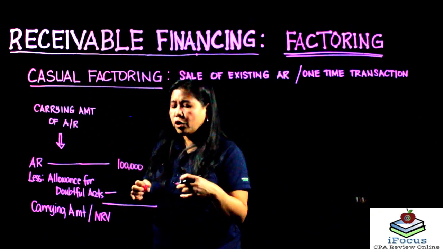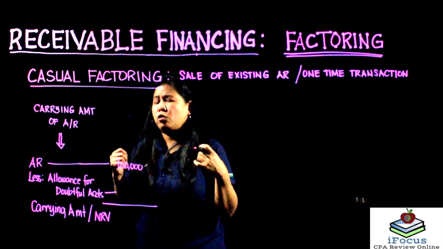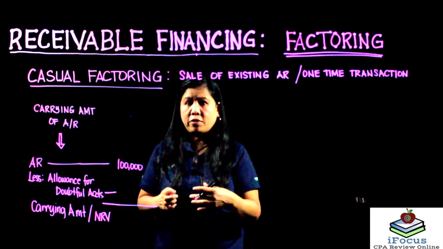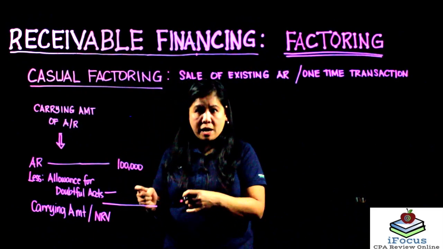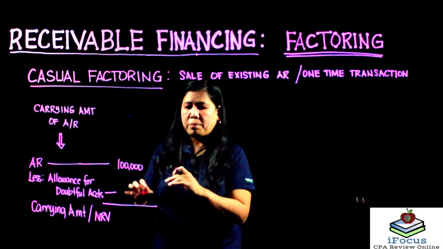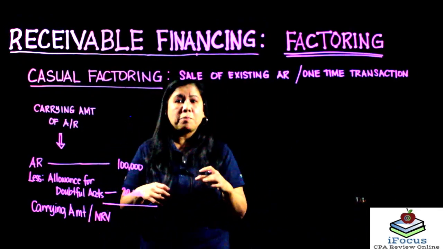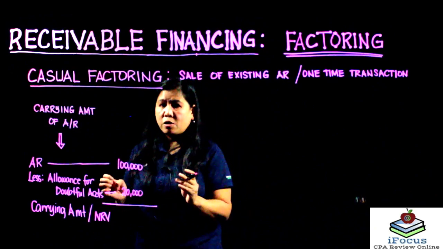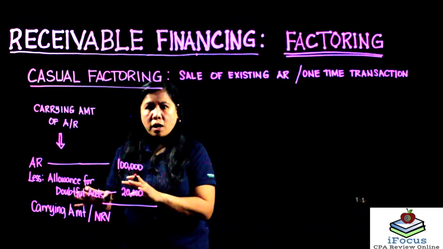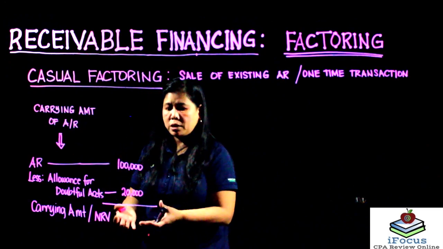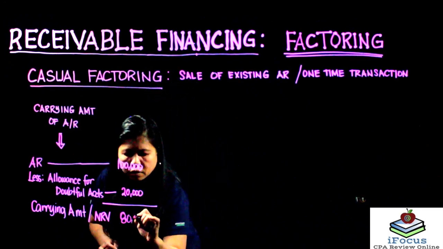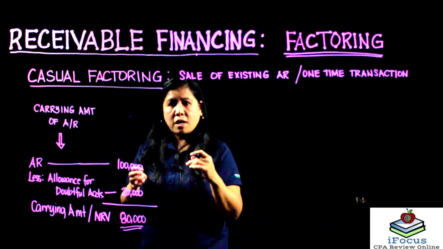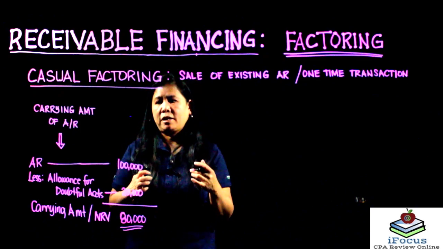Then, out of this 100,000, meron itong kasamang allowance for doubtful accounts. Let's say, for example, we have 20,000 na allowance for doubtful accounts nitong accounts receivable na ito. So, ang ibig sabihin, ang ating net realizable value of this accounts receivable or the carrying amount of this accounts receivable is 80,000. Alright?